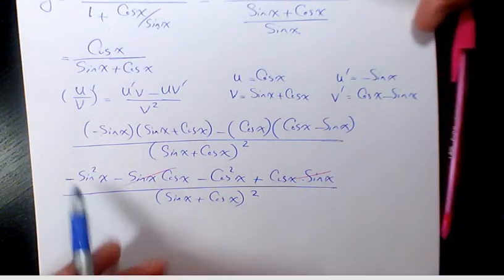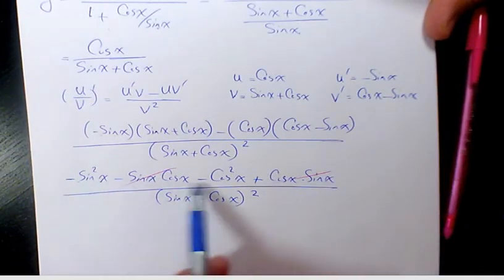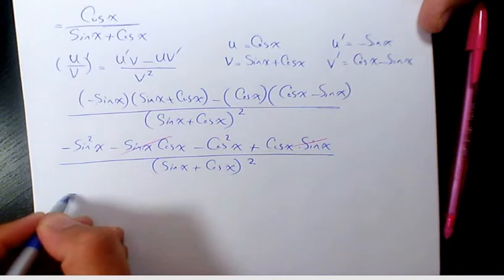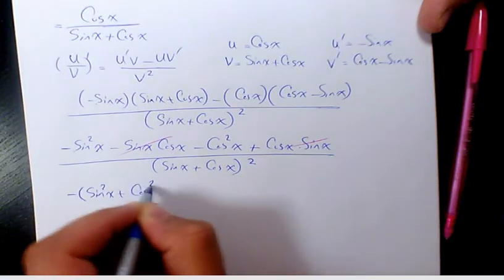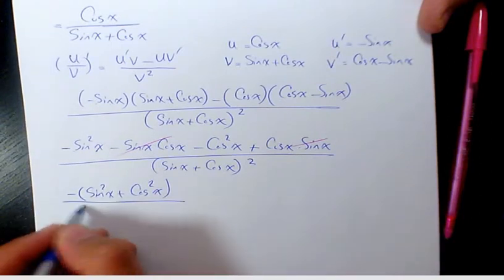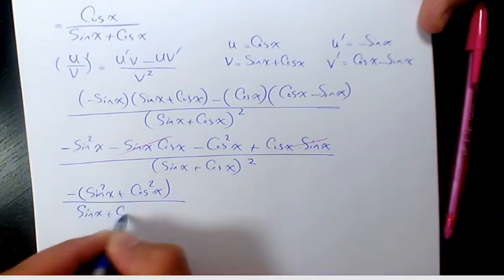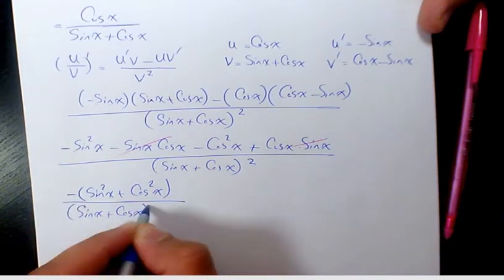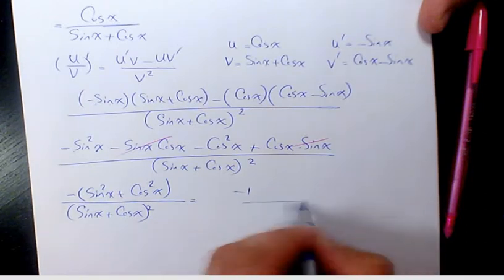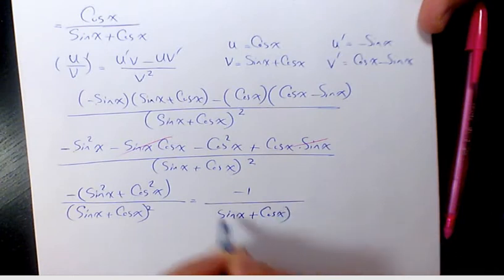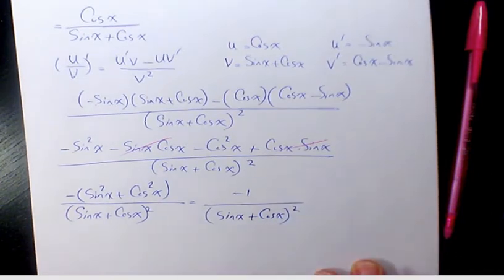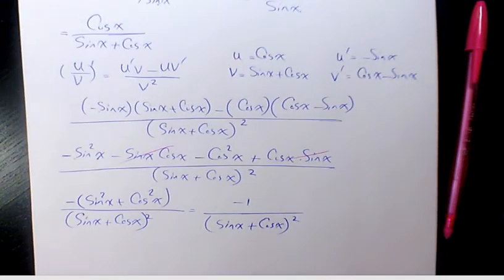And we have negative sine squared x minus cosine squared x. If I factor out the negative, it's going to be sine squared x plus cosine squared x divided by sine x plus cosine x to the power of 2. That's going to be negative 1 over sine x plus cosine x to the power of 2. That's the answer to the derivative of this function.